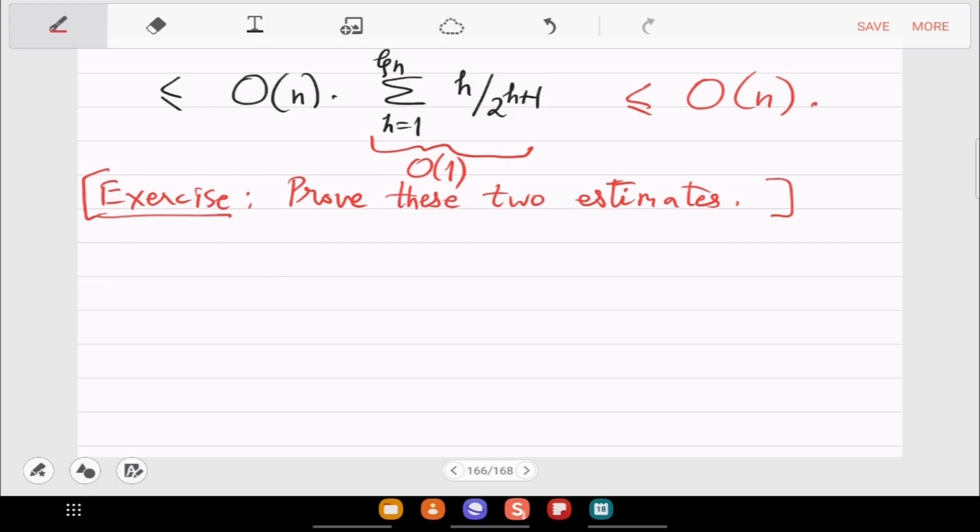First prove that the number of nodes at height h is n by 2 raised to h plus 1, and then show that the sum of h over 2 raised to h plus 1, as h goes from 1 to infinity, is always an absolute constant. So the only contributing term is n. This is a linear time algorithm.